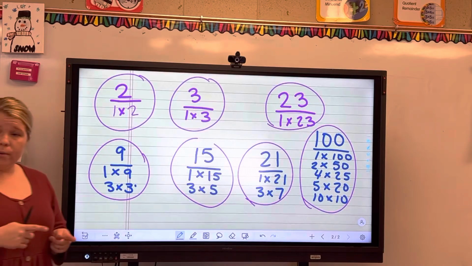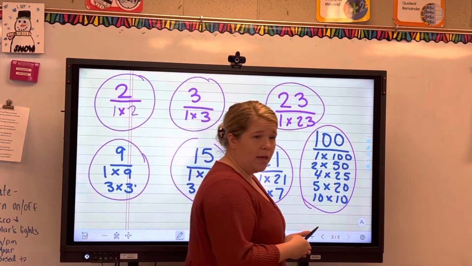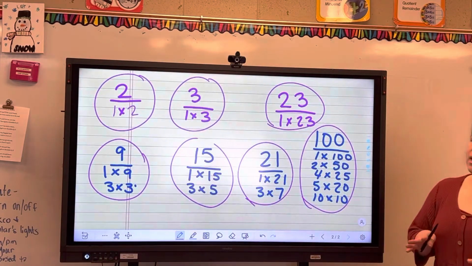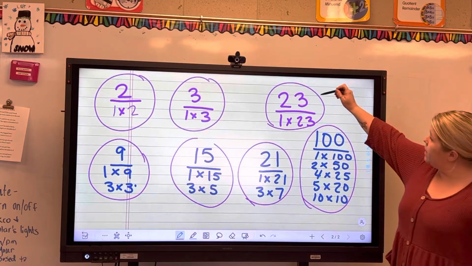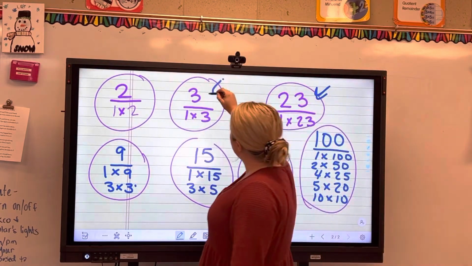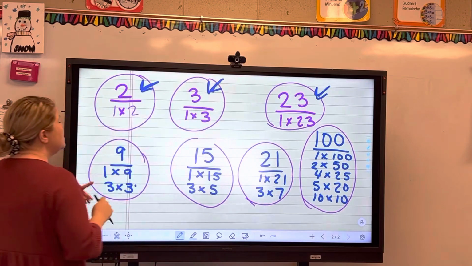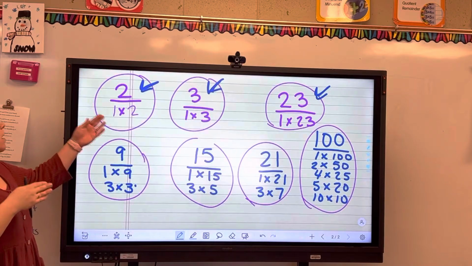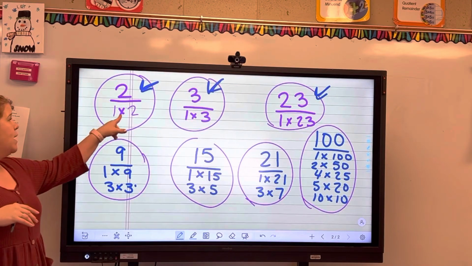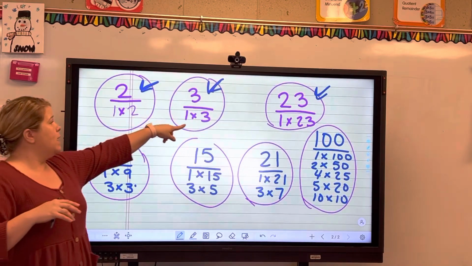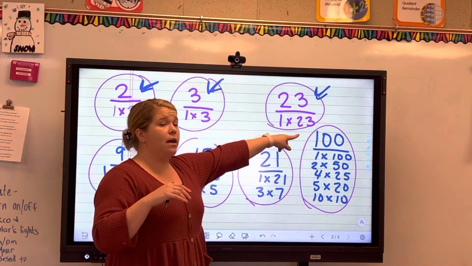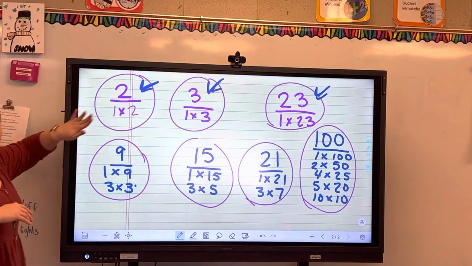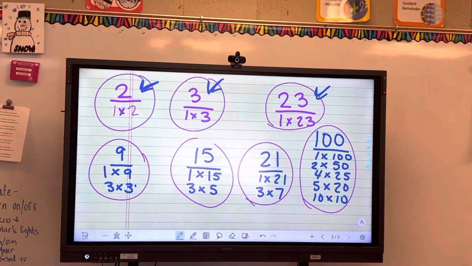All right, so here's the thing. If you can remember, prime numbers are picky, you're good. Because prime numbers are picky, like 23, 3, and 2, because all of their factors are 1 and themselves. Do you see how those only have 1 factor pair? Yes. They have exactly 2 factors.